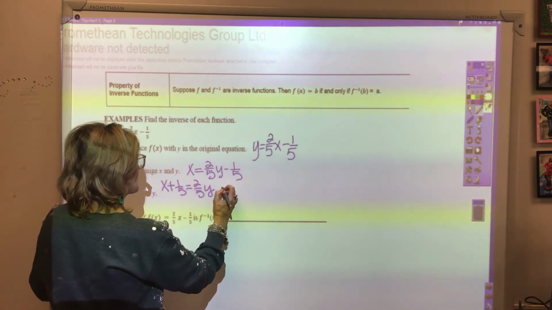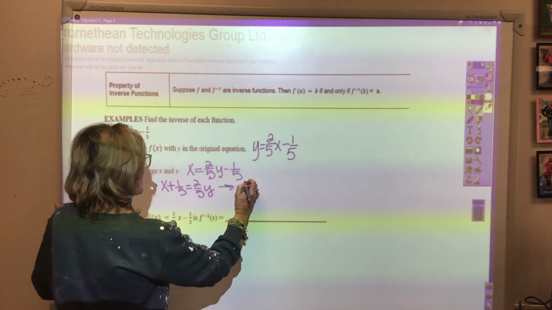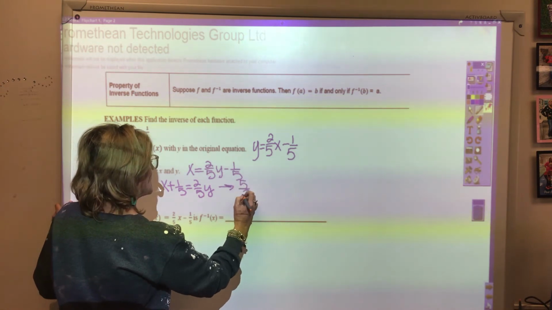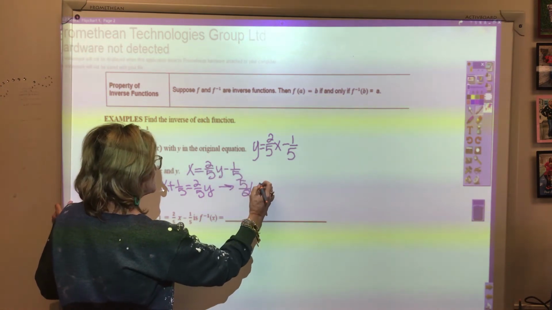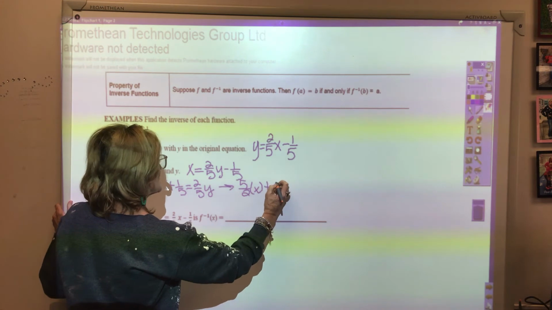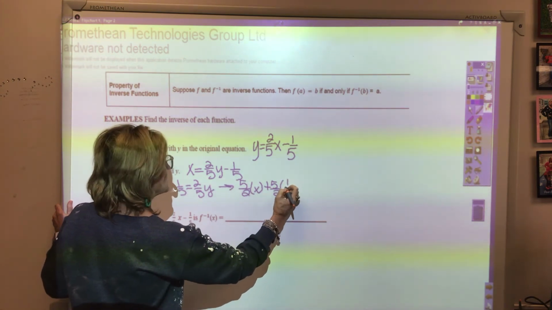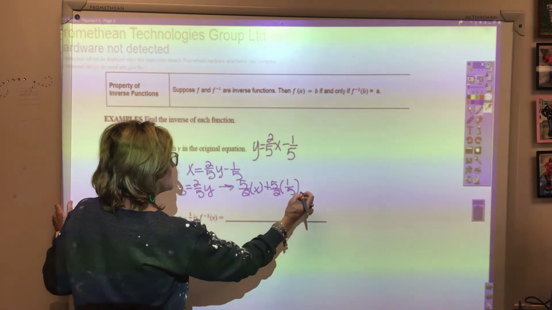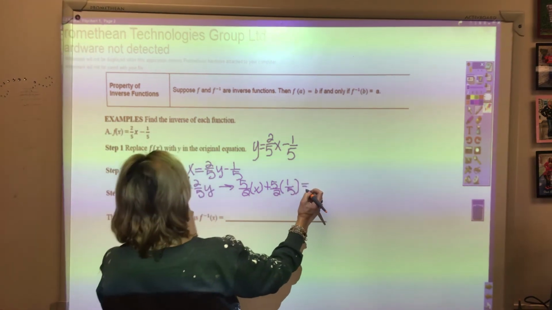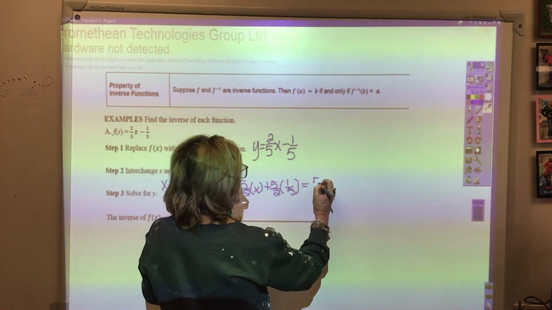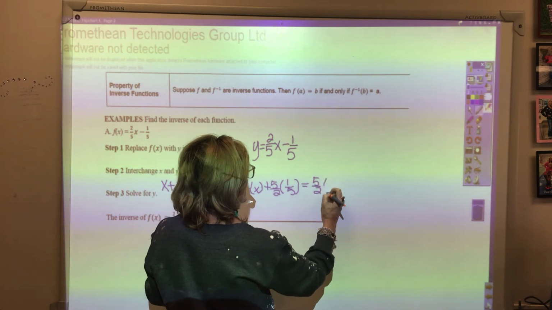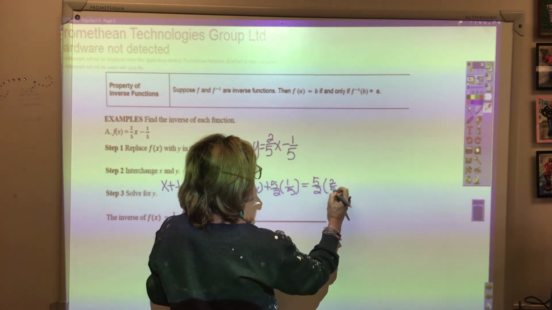So we'd have 5 halves x plus 5 halves times 1/5 equals 5 halves times 2/5 y.